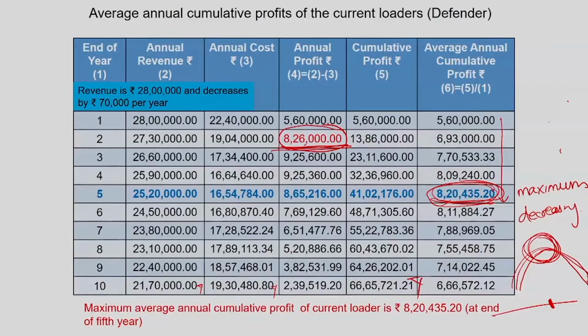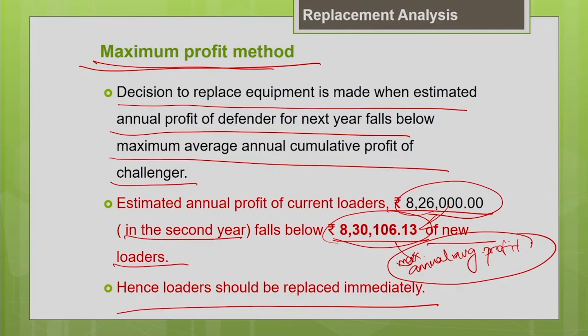In a similar perspective, in the maximum profit method, if the annual profit of the current loader for the next year falls below the maximum average annual cumulative profit for the new loader, then you have to justify the replacement. As per the guideline of Dr. James Douglas, we have to replace the current loader with the new loader. The challenger is found to be more economical and the replacement has to be done immediately. That is the output of this analysis.